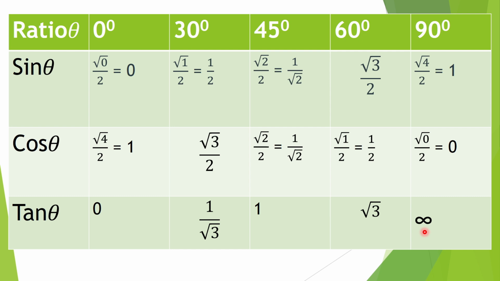Infinity means undefined. Why? Because 1 divided by 0 equals infinity. Anything divided by 0 equals infinity. So I hope it will be easy to remember the values of all different angles in the trigonometric ratios.